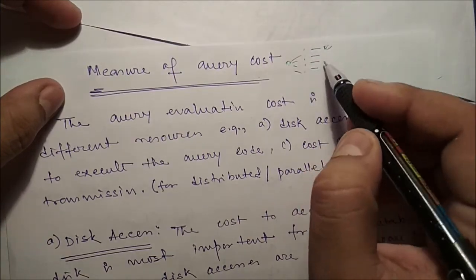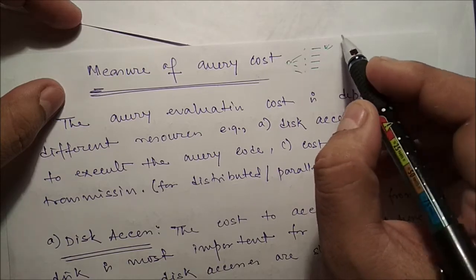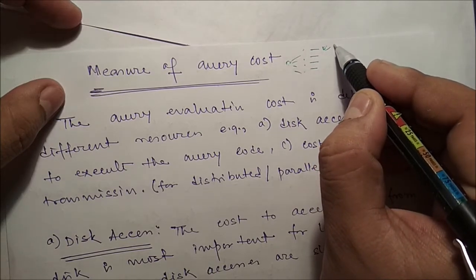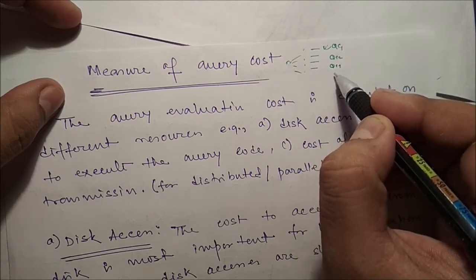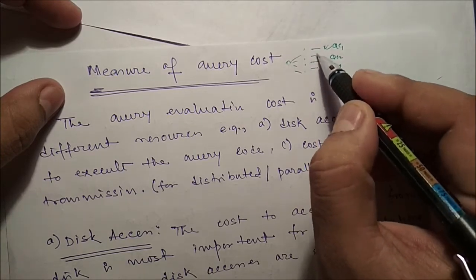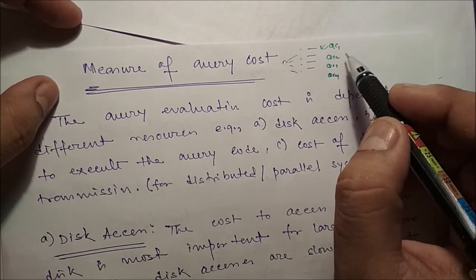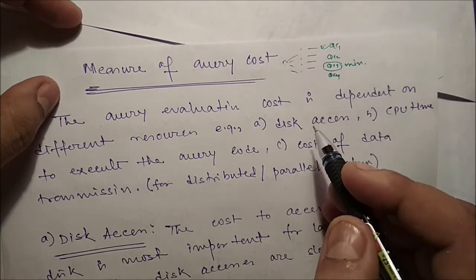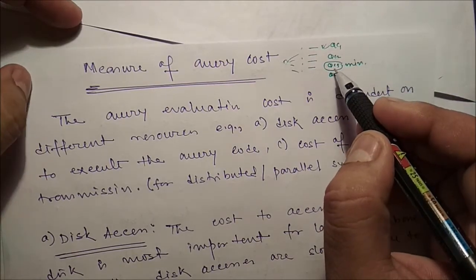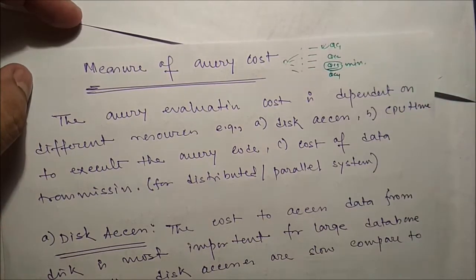So for that we have to calculate the query cost: query cost of 1, query cost of 2, query cost of 3, and query cost of 4. Then we have to select the minimum one. The question is how to calculate the query cost, that we'll discuss here.